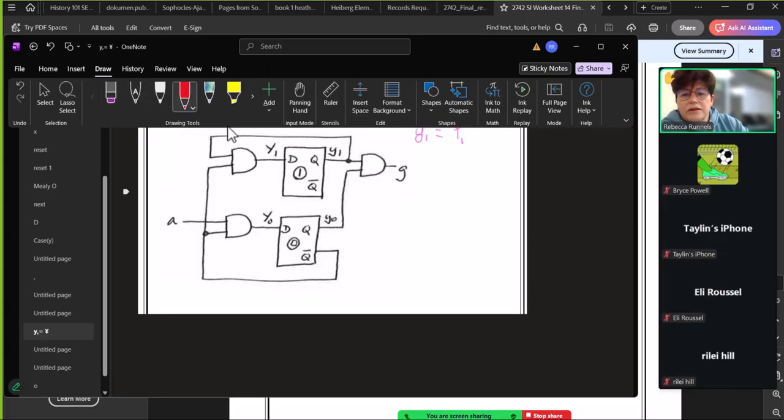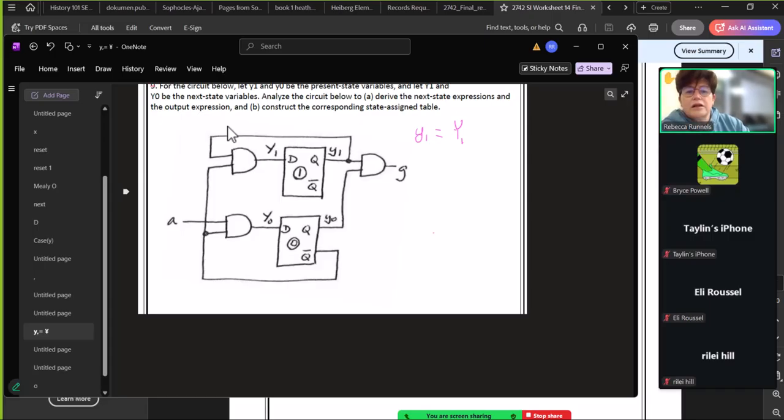And then I have Y0 equals the AND of A and not y0. And G equals y1, y0.